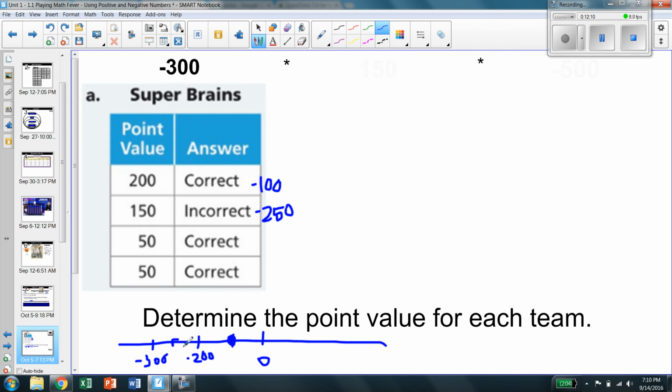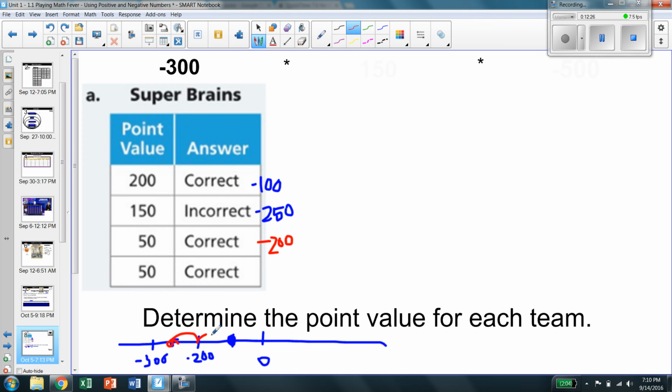And then they got 50 correct. So they're right here. They got 50 correct, a small skip over. So we're at negative 200 again. And then they got another 50 correct.